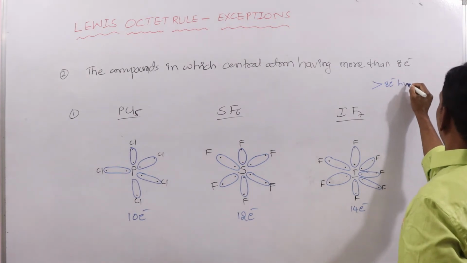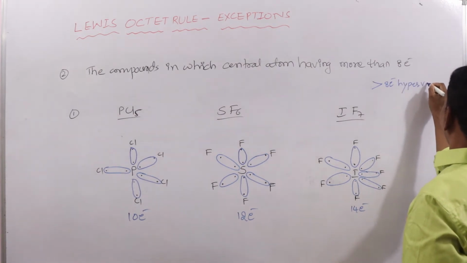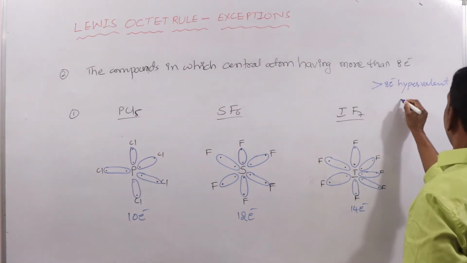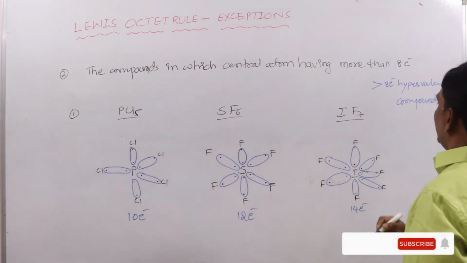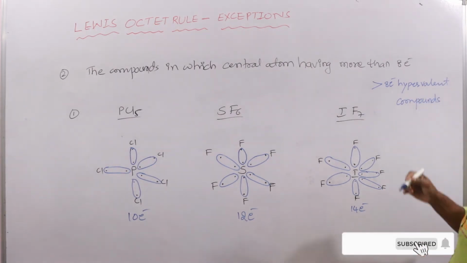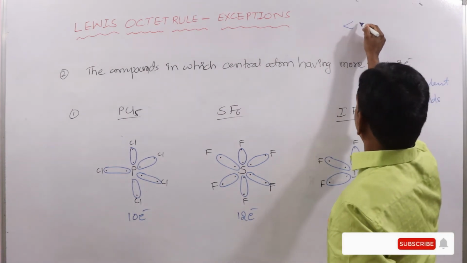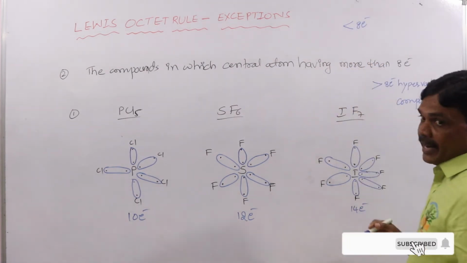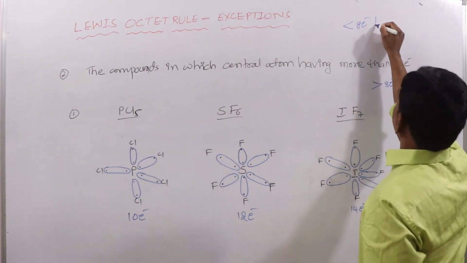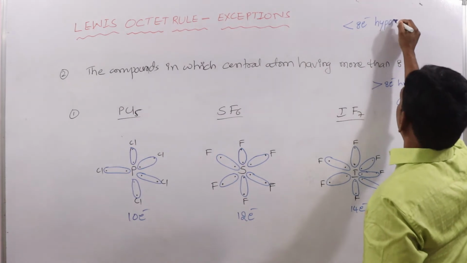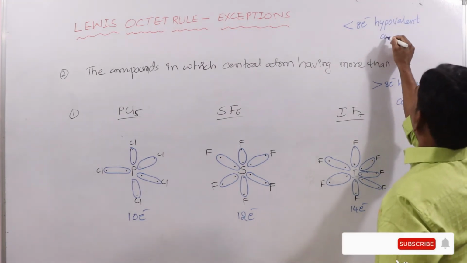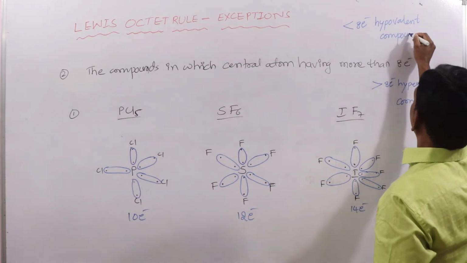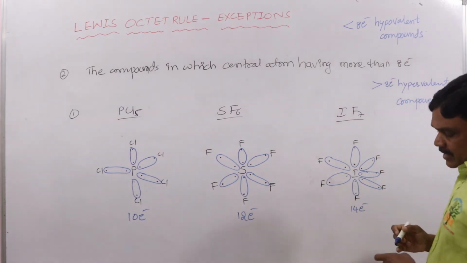If it is greater than 8 electrons, that is known as hypervalent compounds. And if it is less than 8 electrons, it is known as hypovalent compounds.